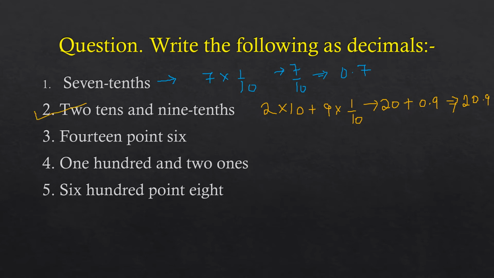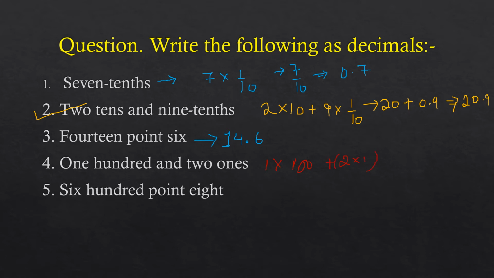In the next question we have 14.6. This is simple. Here we do not have any work, we will simply write it as 14 point 6. This is the answer for this one. And next we have 102 ones. 1 is at the 100th place, plus 2 is at the ones place, so 2 will get multiplied by 1.